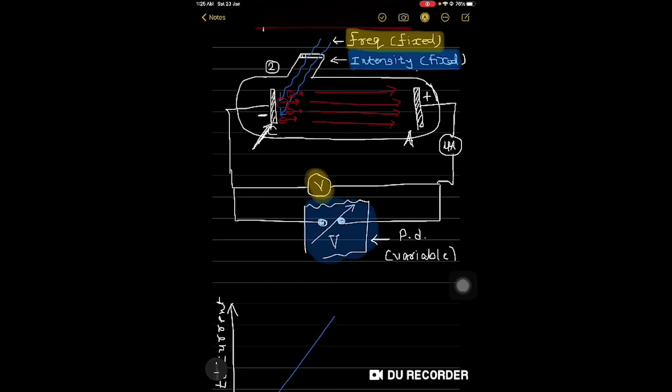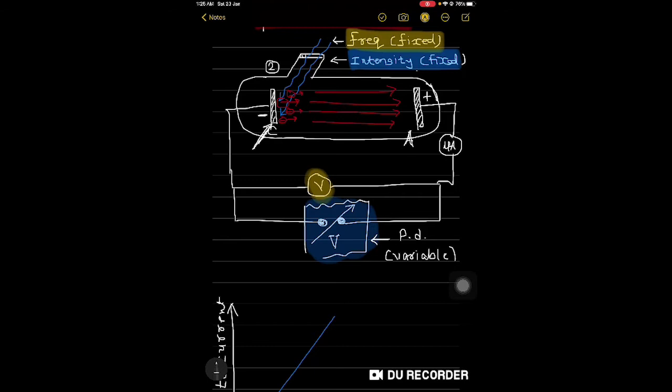If we increase the accelerating potential of the plate further, the photocurrent does not increase. This maximum value of photoelectric current is called saturation current. Saturation current corresponds to the case when all photoelectrons emitted by the emitter plate C reach the collector plate A.